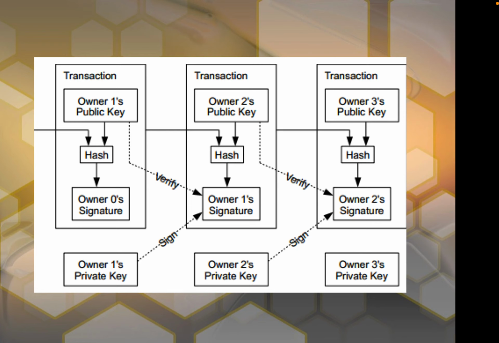That is possible. Time is not in seconds, it's in milliseconds. So it's possible that two transactions were verified at the same time. In that case, there's a special rule of Bitcoin.